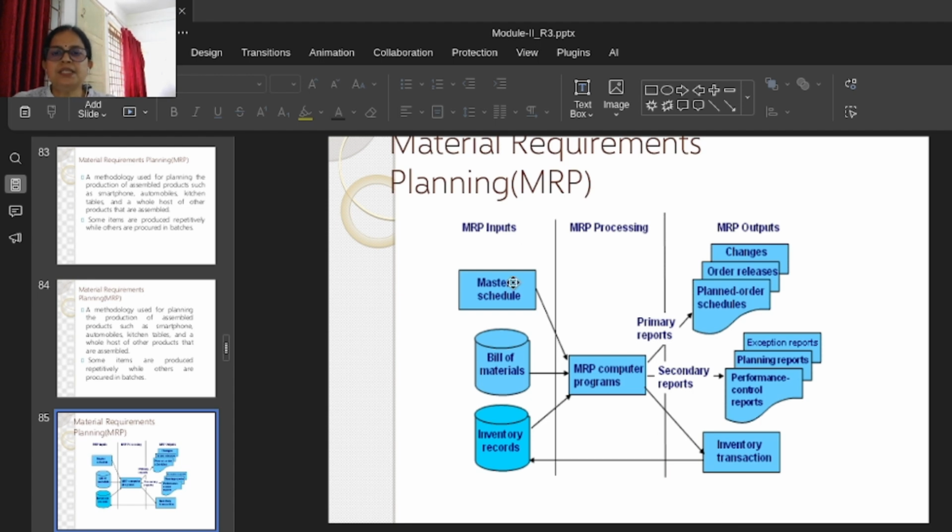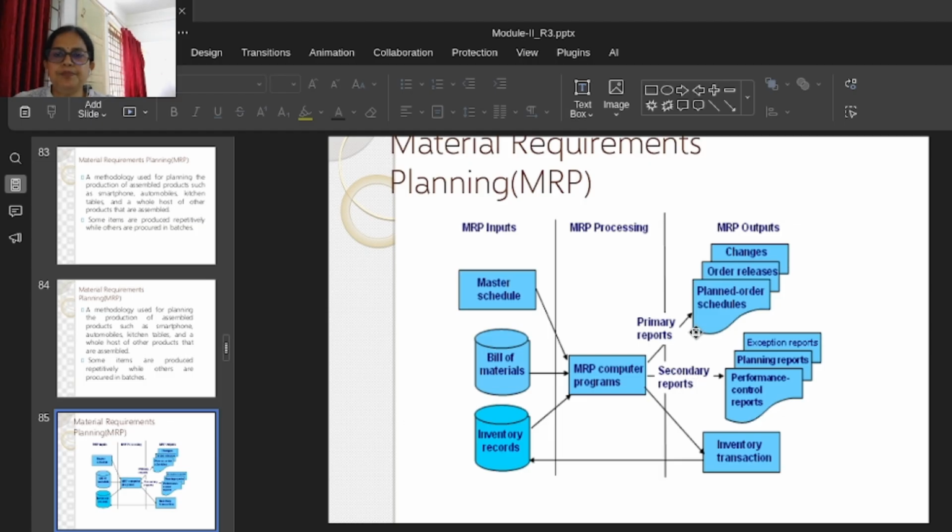Right? So, what are the inputs? The inputs are master schedule, bill of material, inventory record. We give all the inputs to the MRP processing system. Different programming systems are there. The inputs are processed with the computer programming softwares and we get the outputs.